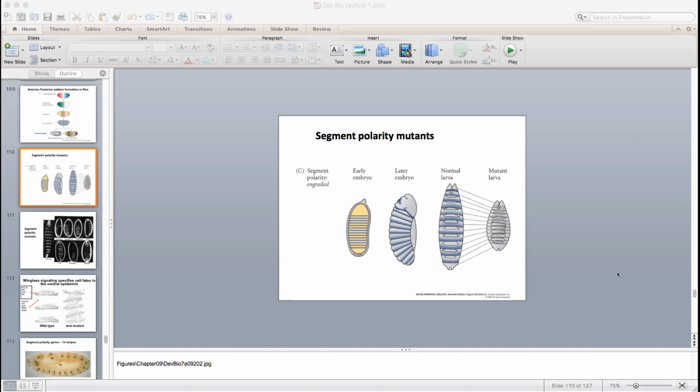And then these different segments, as they form, they're going to develop. So this is the segmentation event. And as the segmentation event happens, in the first instar larvae we're going to see the outcomes of how it changes the banding pattern on the cuticle.